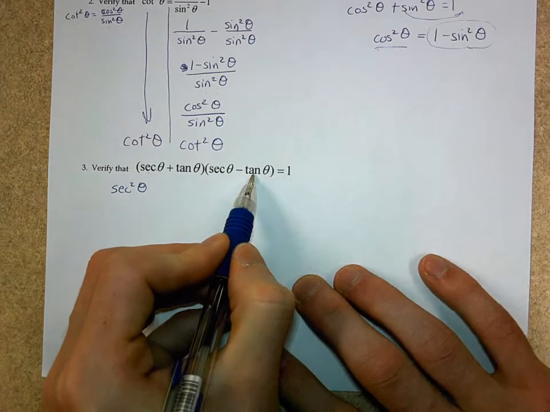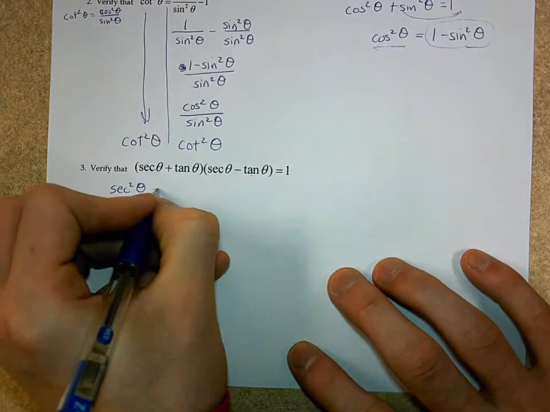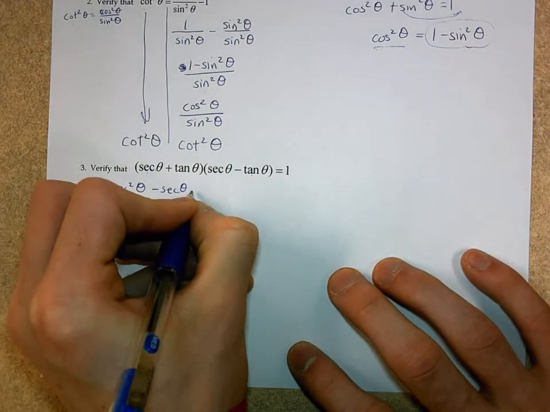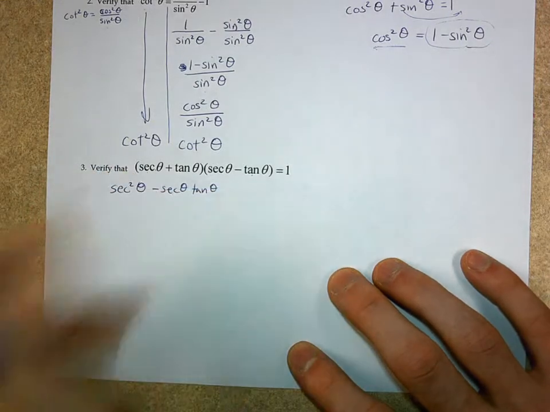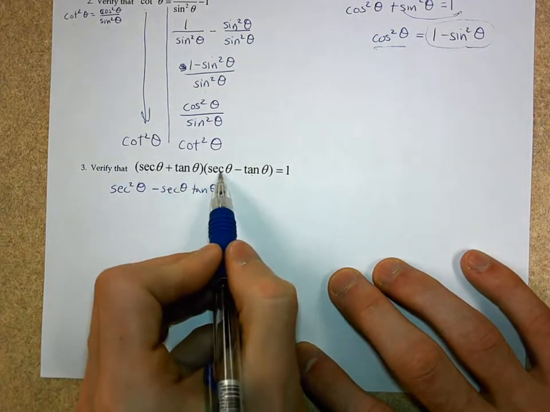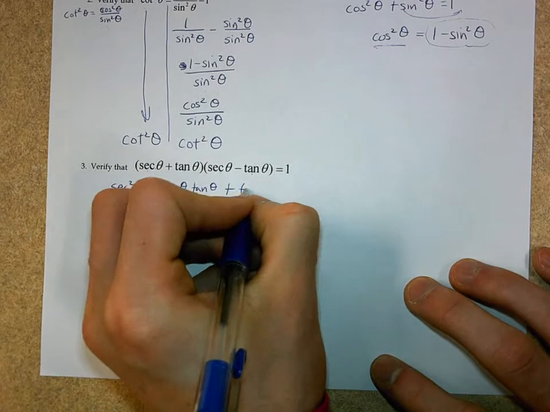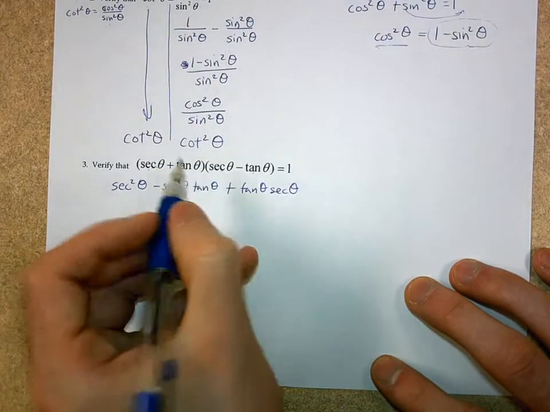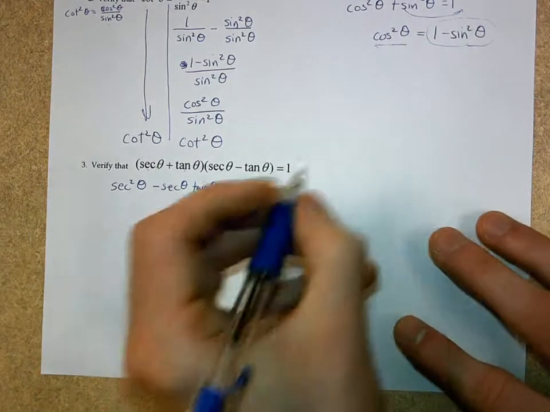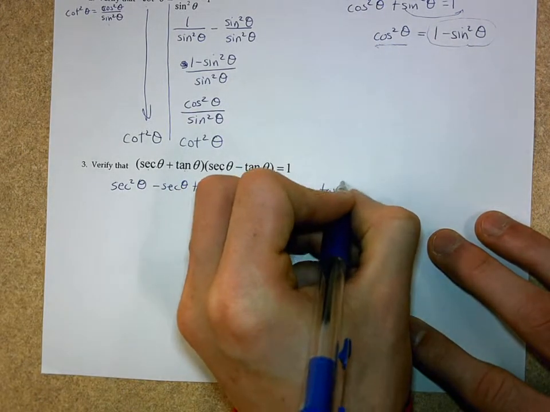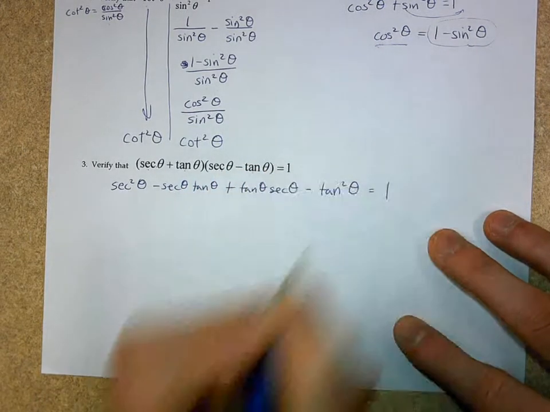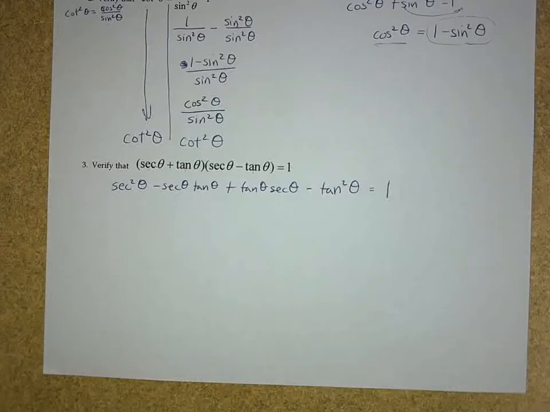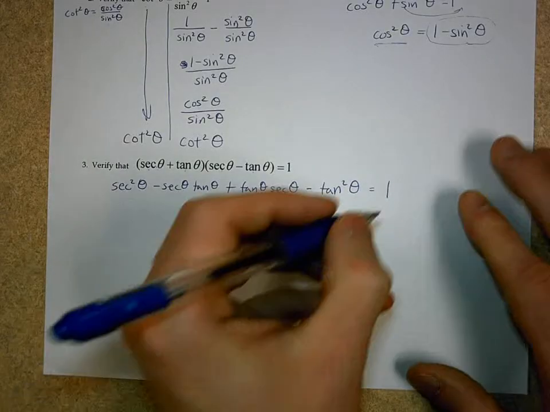Secant theta times negative tangent of theta is minus secant theta tangent theta. Multiplying the inside, tangent of theta times secant of theta is a positive tangent of theta secant theta. And then finally the back, tangent of theta times a negative tangent of theta is negative tangent squared theta.